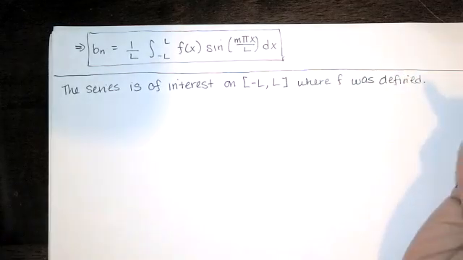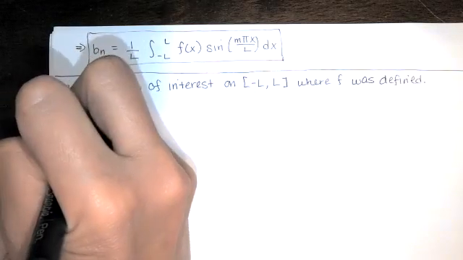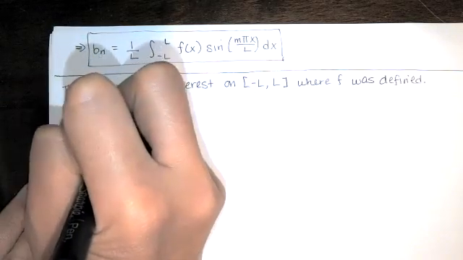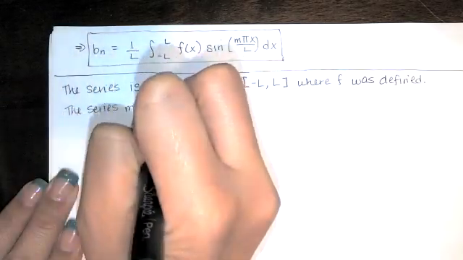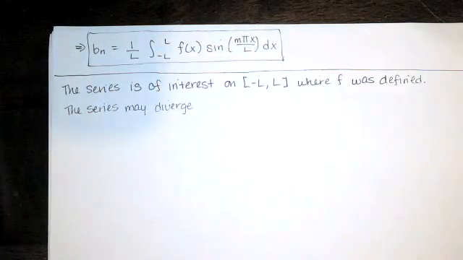Now it's possible that this series diverges. And it's possible that you may have a sum that is different than f of x for different x values.